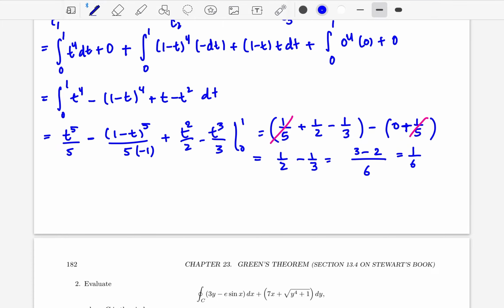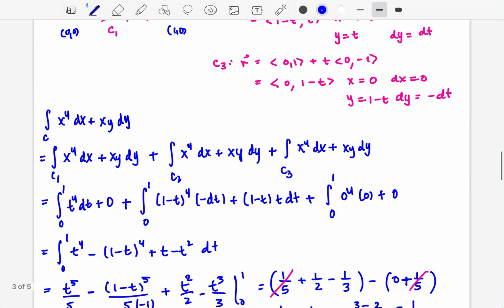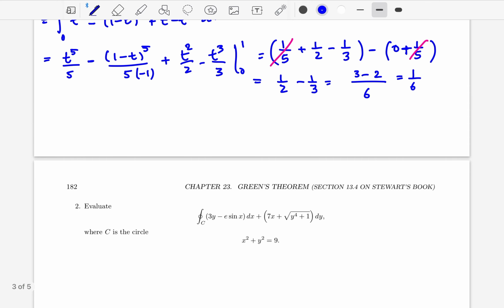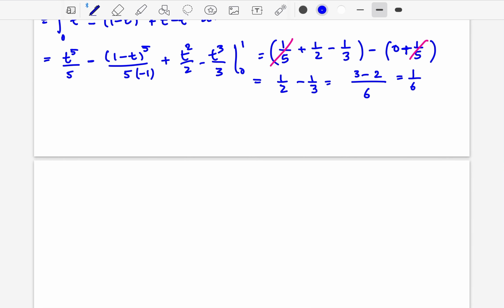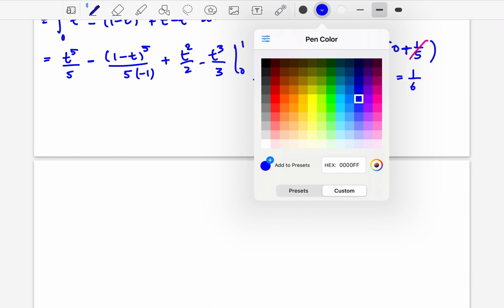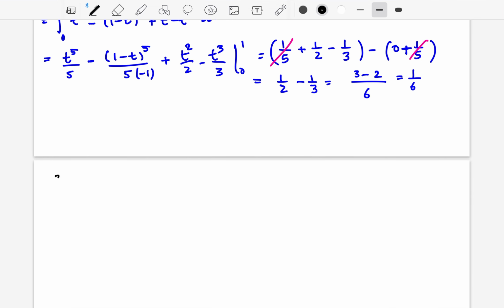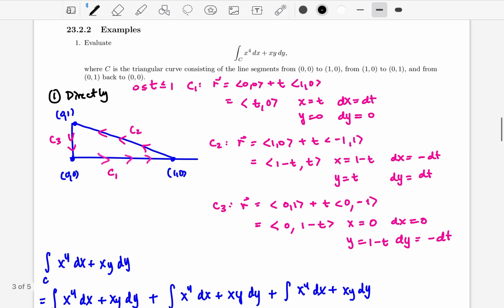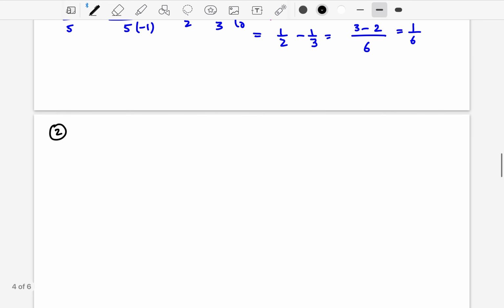This is just me doing it directly, but I want to apply Green's theorem, okay? So let me now, first of all, double check that I can actually apply Green's theorem. So it's the integral over C of x to the fourth dx plus xy dy.